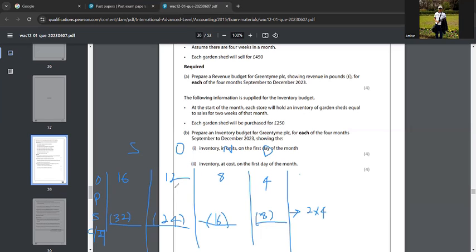Okay, so opening inventory of October is 12. So closing inventory in September will be 12, right? Yeah. Now look at this. Opening inventory of November is 8. So closing inventory of October will be 8, right? Correct. And then opening inventory of December is 4. So closing inventory in November will be 4, right?